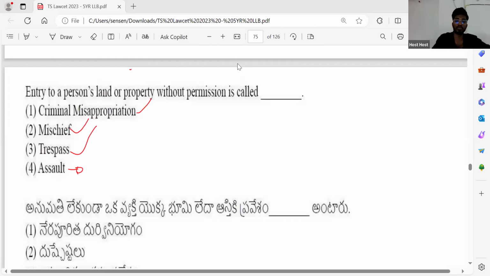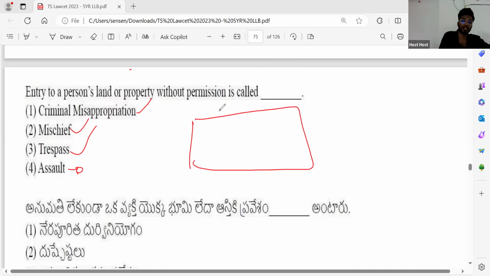Criminal misappropriation. What is criminal misappropriation? Criminal misappropriation is that you are appropriating somebody's property without their permission. In trespass, what you are doing? You are entering into somebody's property. But let us suppose that this is a workshop where the cars are cleaned, right?